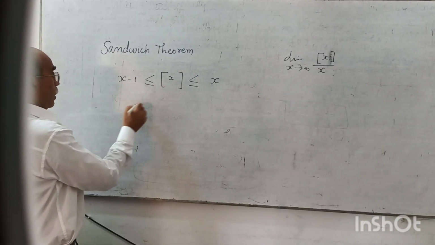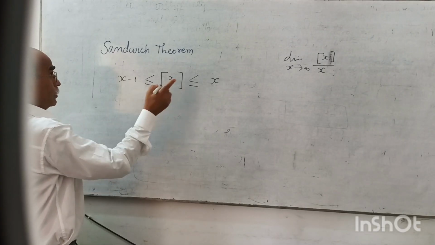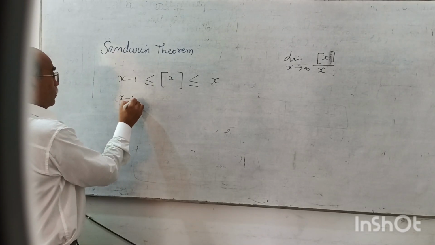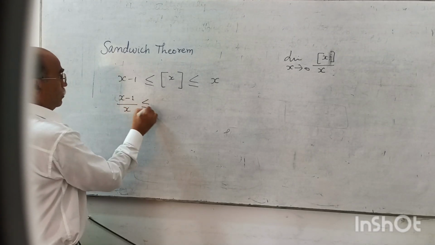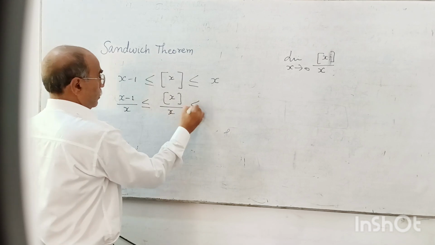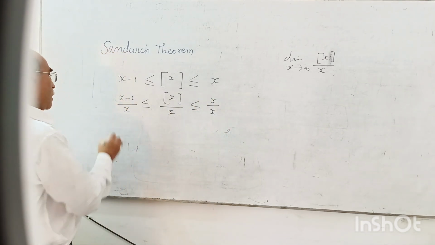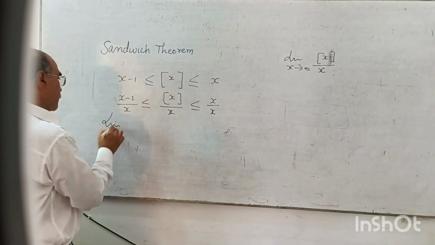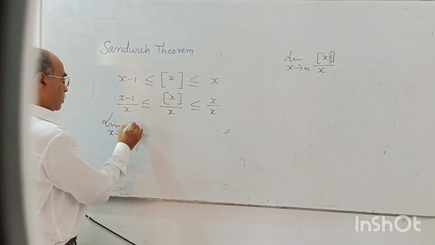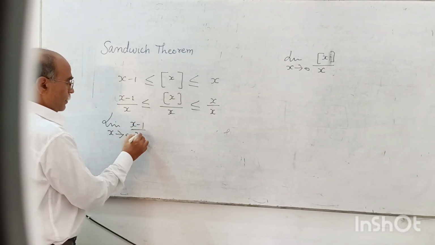Whenever we are to find the limit of that function, we change it by dividing each term by x. x minus 1 divided by x is less than or equal to greatest integer value of x divided by x, less than or equal to x upon x, which comes to 1. Now if you find the limit of this function as x tends to infinity, all these three functions will have the same limit.